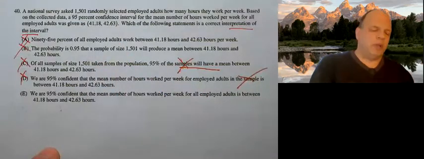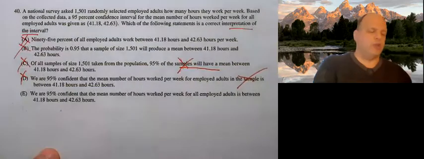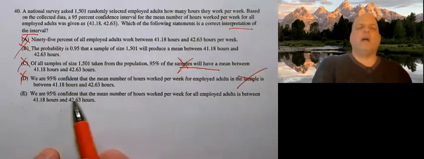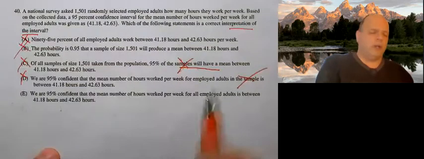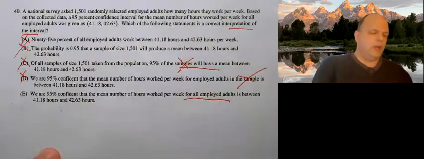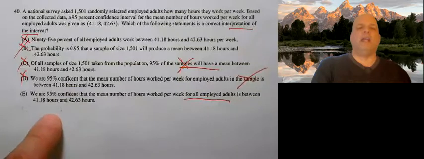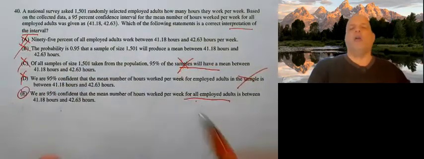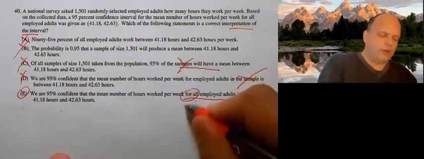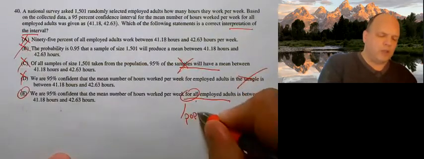We're making an estimate, not about the sample, but about the population. We are 95% confident that the mean number of hours worked per week for all employed adults is between 41.18 and 42.63. And notice we said for all. When we say for all, that's another word for population.